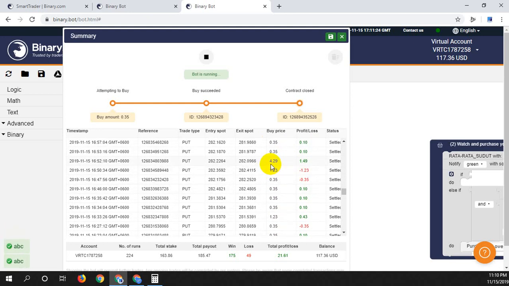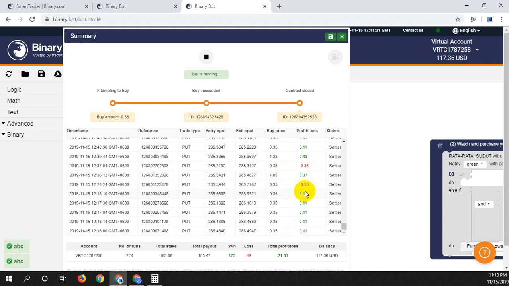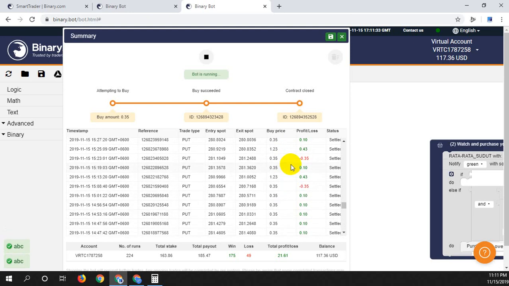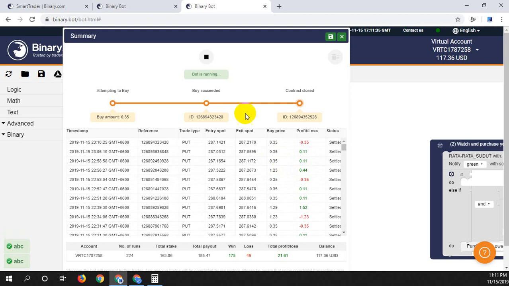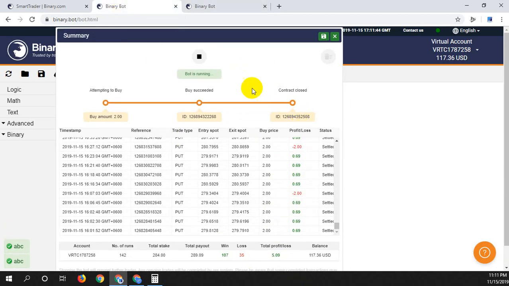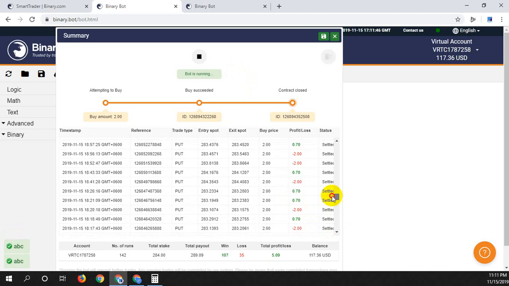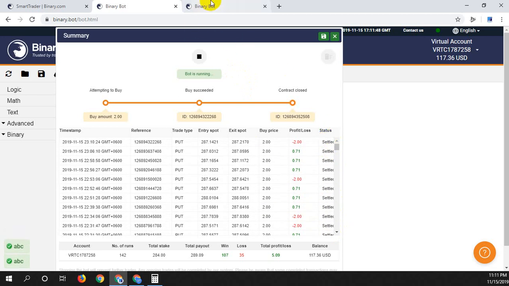So 2, then the third one is a win, 2, the third one is a win, 1 1. So this is the trading result. So if you use this bot with martingale, you will receive more, and if you use no martingale, you will receive a little but your account is always safe.